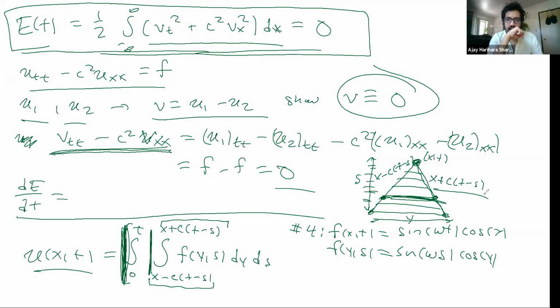Yeah. And my third question being, I didn't properly understand the problem in the last homework. In the last homework on the wave equation, we had a question related to the D'Alembert solution, right? 4.1, I think.